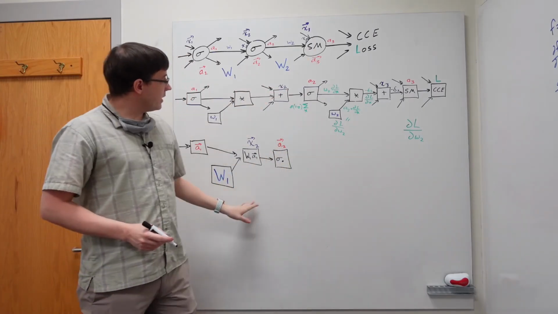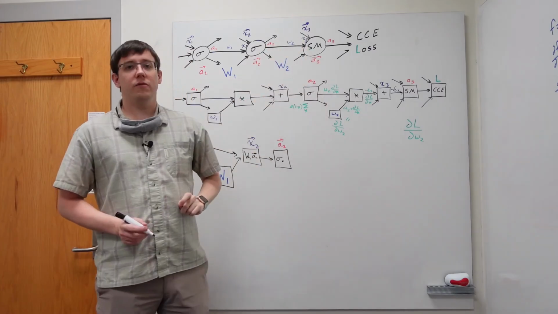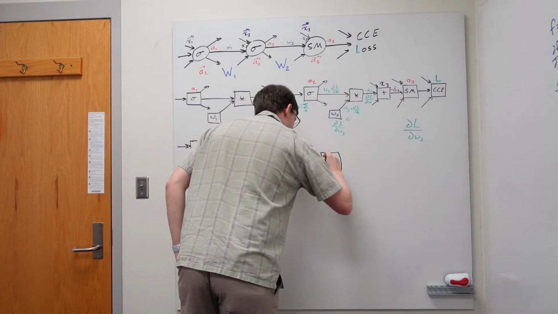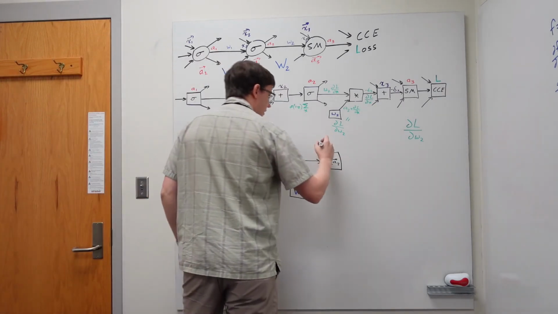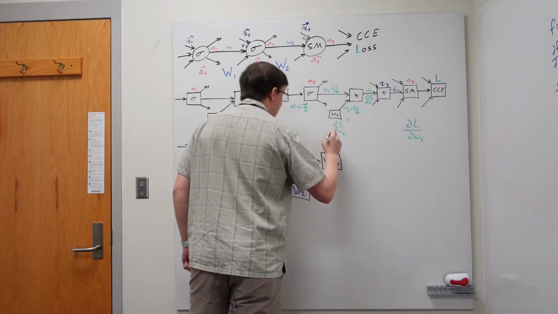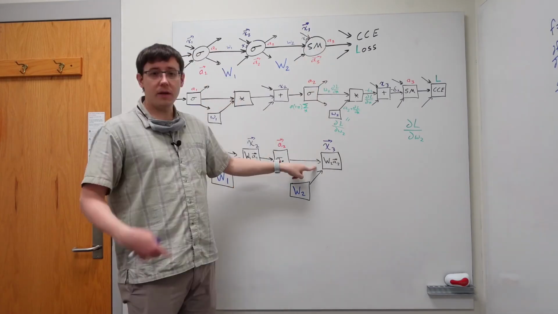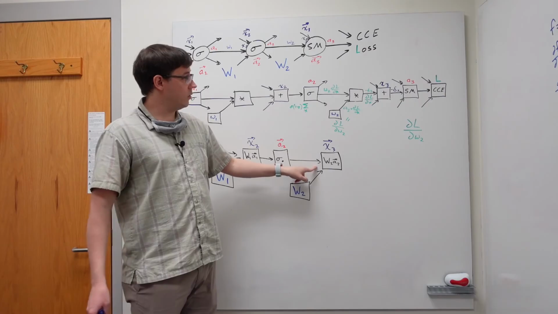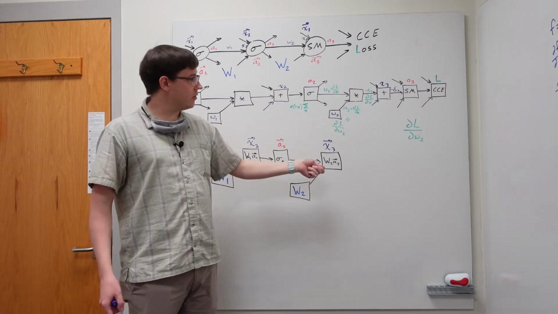Then similarly for the next layer, we can get its vector of inputs by a matrix vector product. So this gives us our vector of inputs to the third layer, and this vector of inputs to the layer goes into a softmax activation function.